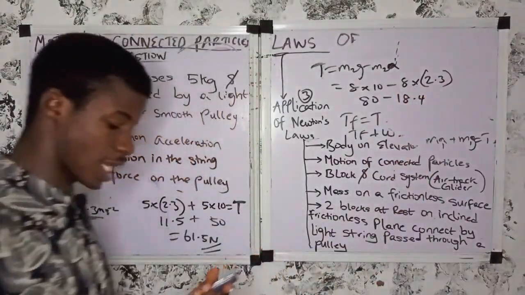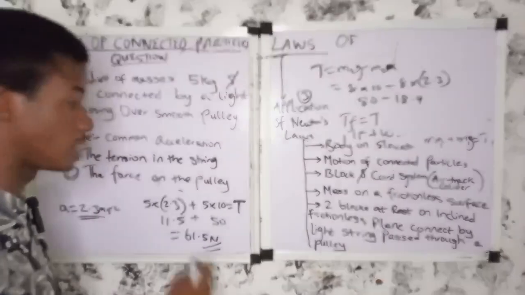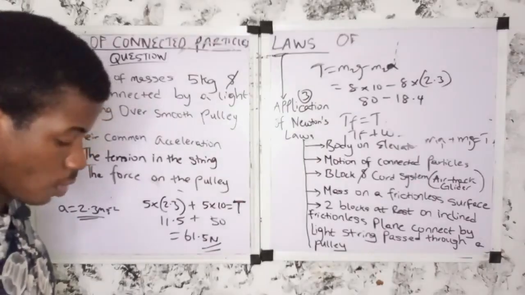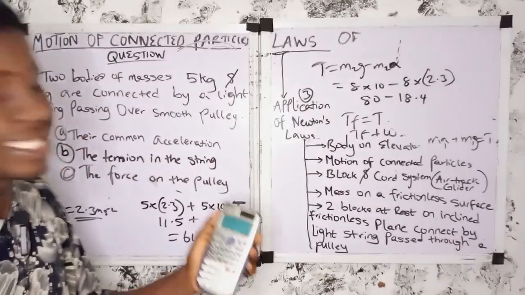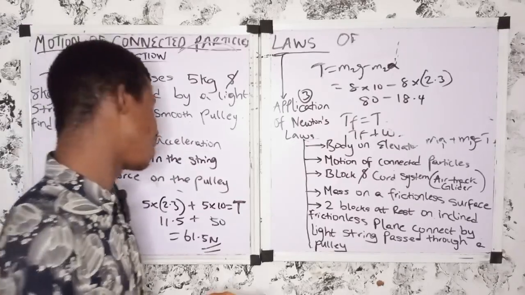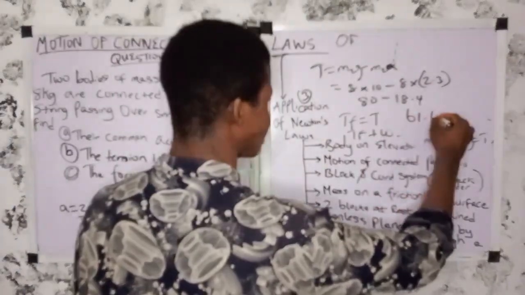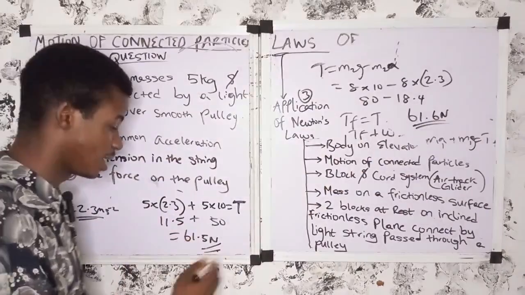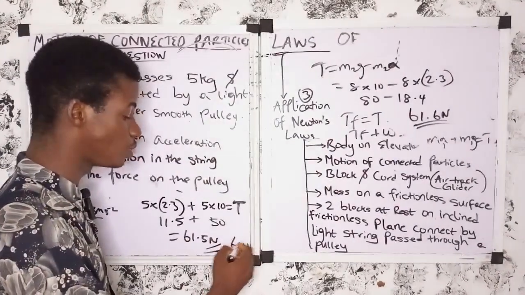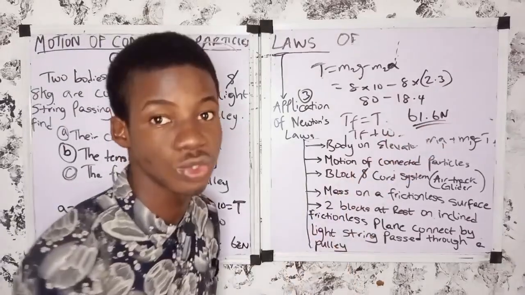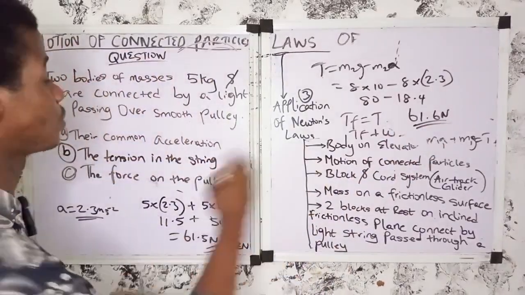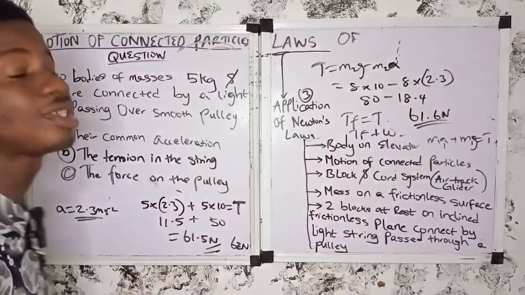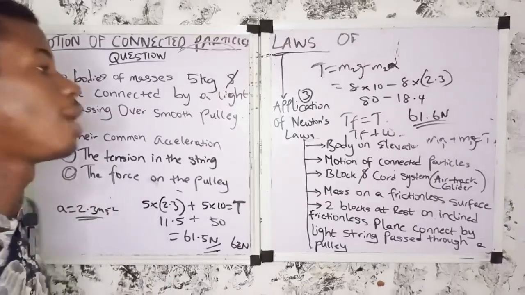So 80 minus 18.4 gives us 61.6. So it's correct. If you approximate, this will be 62 Newton. That tells you that the tension on both sides are equal. The tension acting on both masses is always the same.